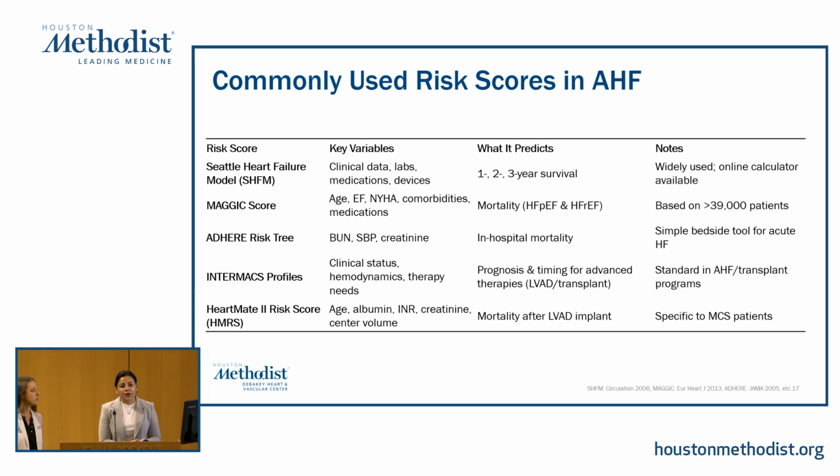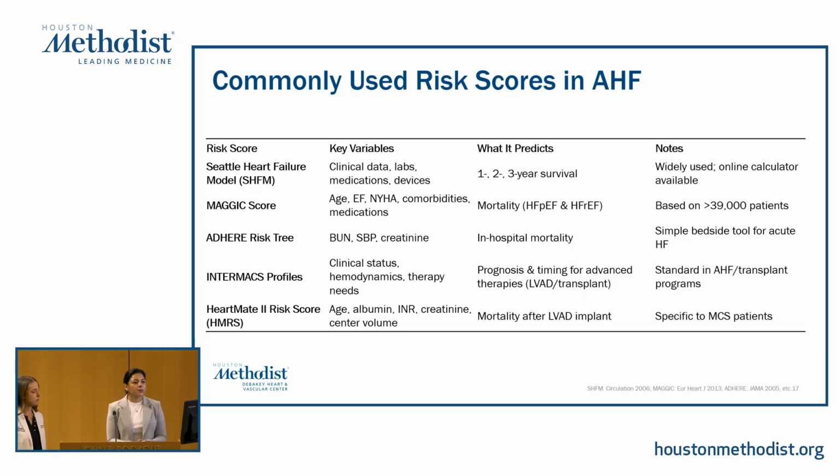You can Google them. A calculator will pop up. They are easy to do. In the outpatient setting, they provide a long-term risk for the patient. The patients who are on medical therapy but might be sliding, the patients who have devices, where does my patient stand, or to facilitate that discussion with the patient in the clinic when you see them: hey, this is where we are in your trajectory.